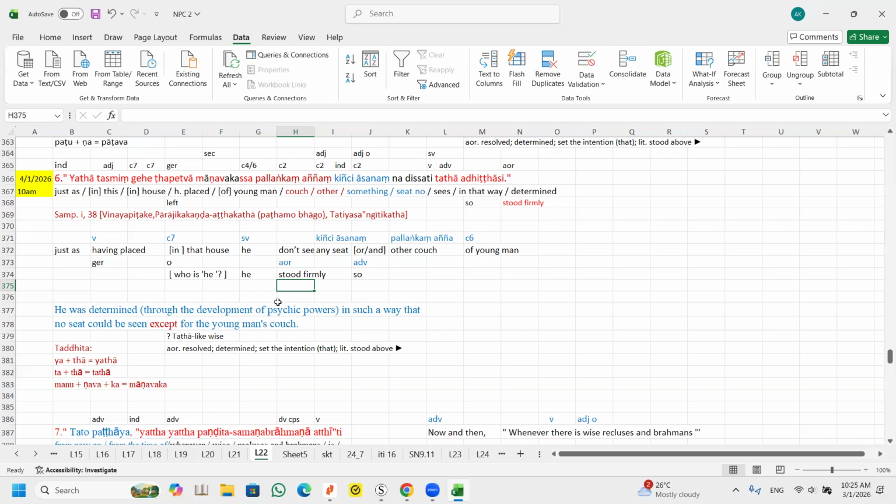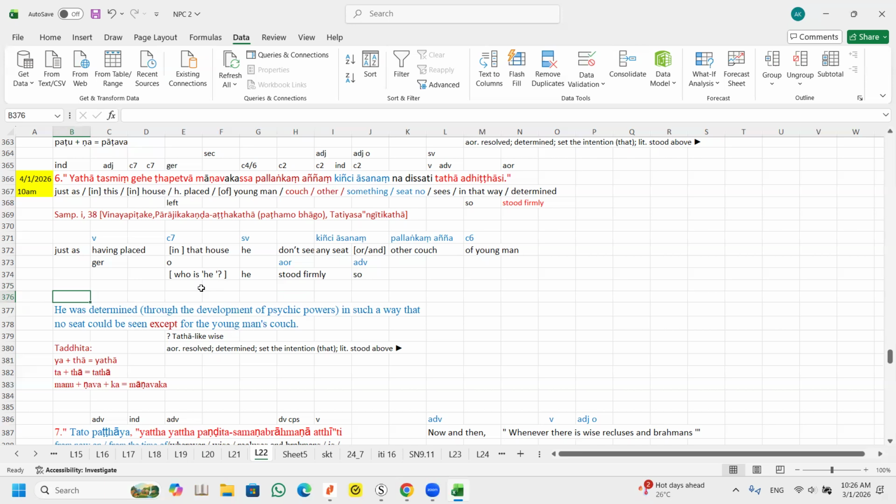If you translate now, you thought that this he did not see any seat. After that, he stood there. So this is the same he. But this translation is another he again. Do you get this he? Who is this he? Technically, that means somebody who has psychic power.